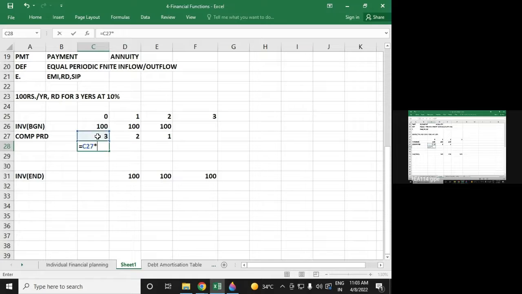So the FV of the same PV into 1 plus rate raised to number of years will be as shown.